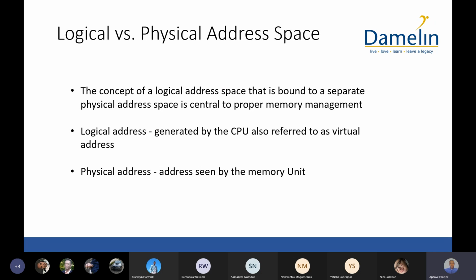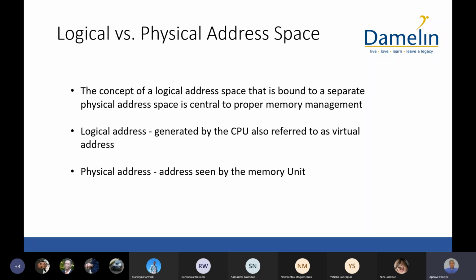So the concept of a logical address space that is bound to a separate physical address space is central to proper memory management. Logical addresses are generated by the CPU. We also refer to them as virtual addresses. They are created by the CPU, and the CPU then goes and borrows additional memory from secondary memory when it's under pressure. So we refer to those as logical or virtual address spaces.